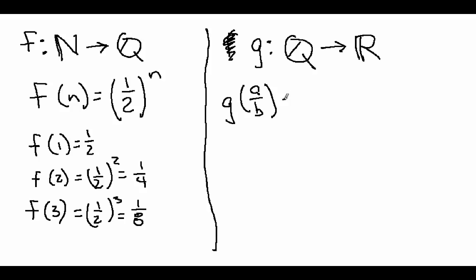Why don't we map that to 3 times a plus the square root of b? This is certainly a real number. So that maps from the rationals to the reals. And we could go on and on. There are infinitely many functions to talk about, and we're going to talk about some more.